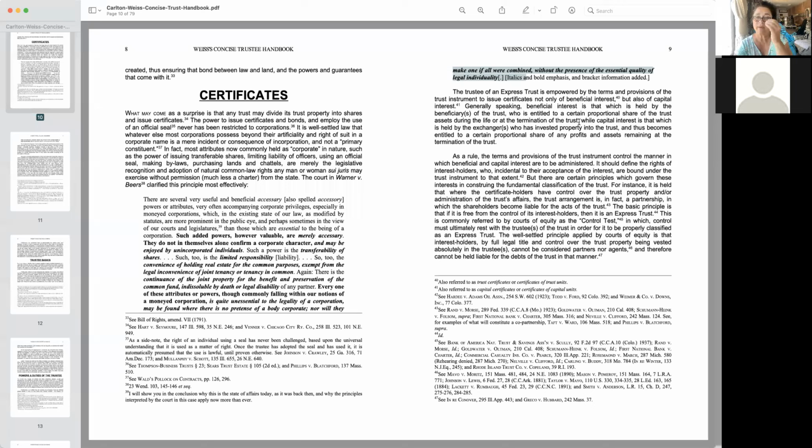Cool. While capital interest is that which is held by the exchangers who has invested property into the trust and thus becomes entitled to a certain proportional share of any profits and assets remaining at the termination of the trust.